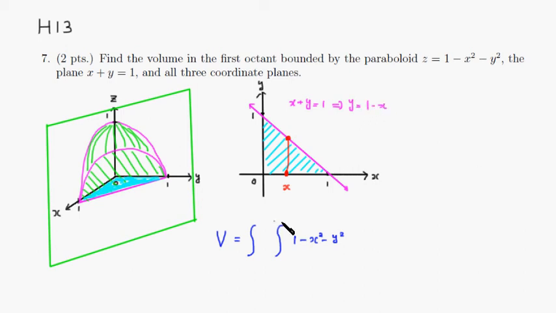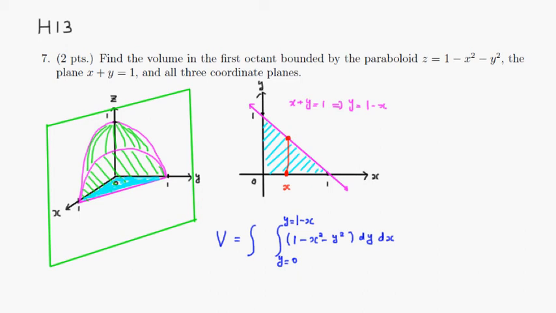So let's do the integral with respect to y first, then with respect to x. So y is going to go from y equals 0 all the way up to this line, which is y equals 1 minus x.